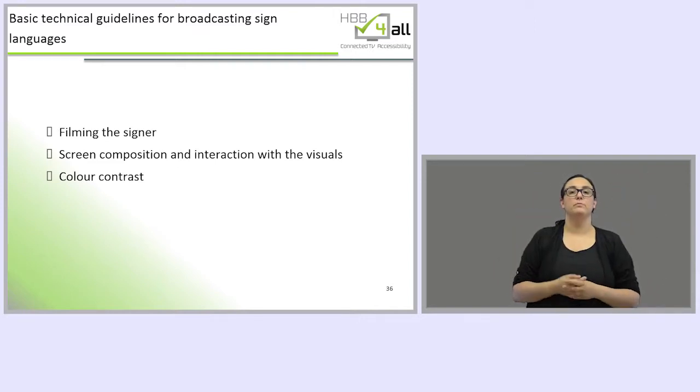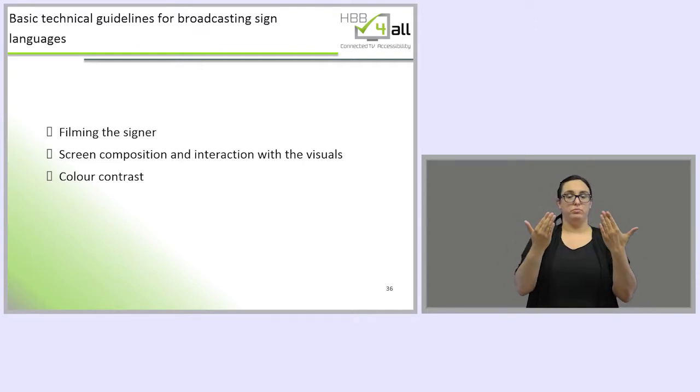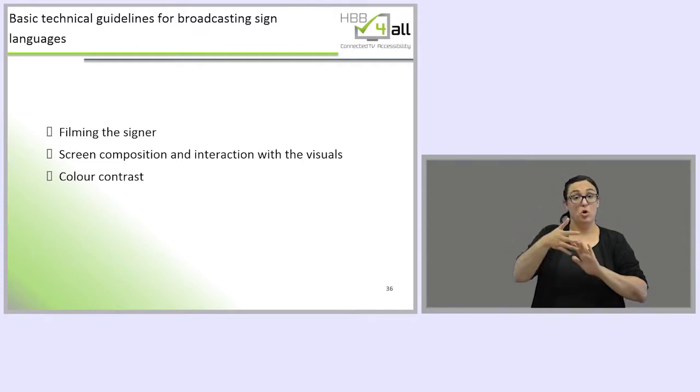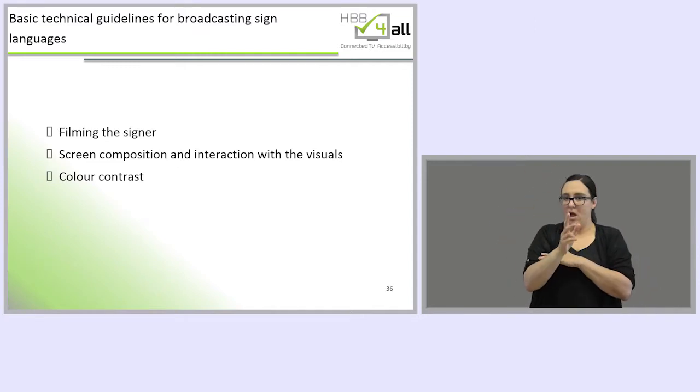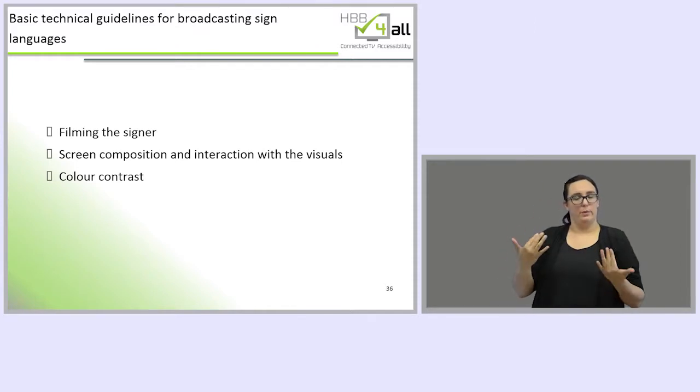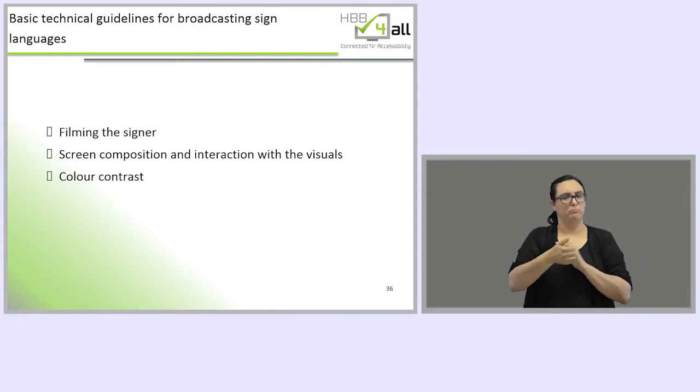And also about the color contrast. Sign language users always mention the size of the signer on screen and the color contrast being of utmost importance to grant accessibility. But there are other technical aspects that are important too, and that is what we're going to talk about in this section.